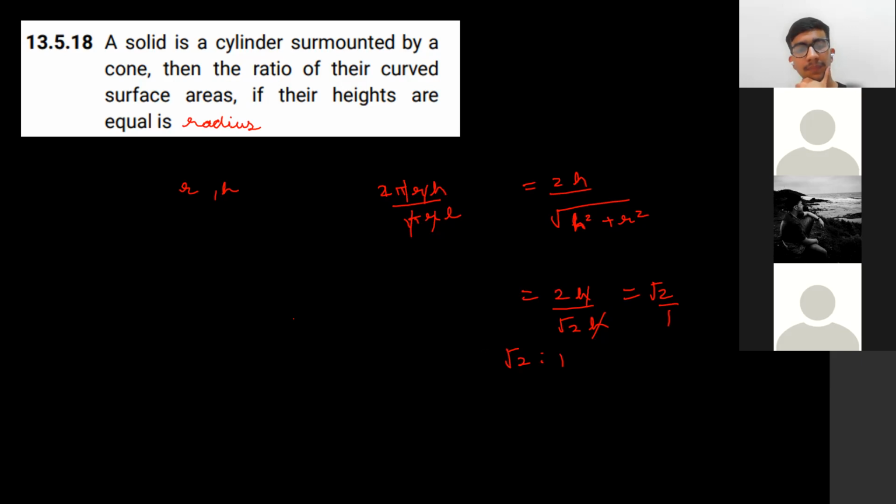So L is equal to root of r square minus h square, is it? L is equal to square root of h square plus r square, not minus. Oh, so sign mistake, I forgot. Yeah, and you have also not put the square root. Okay, all right.